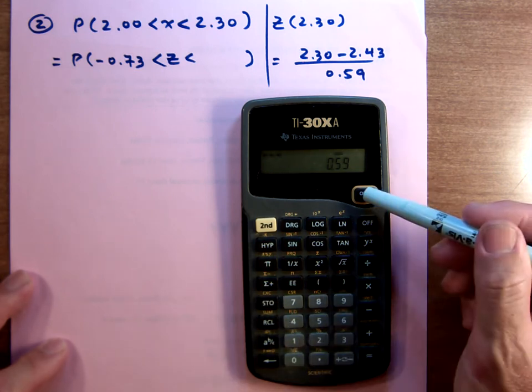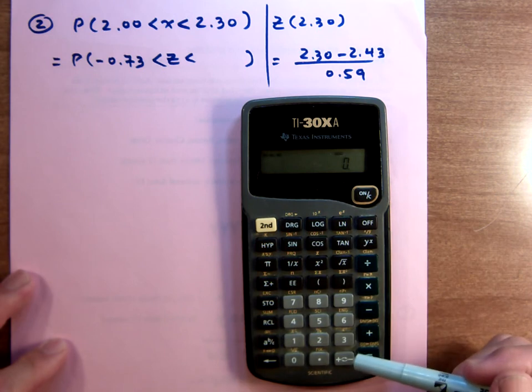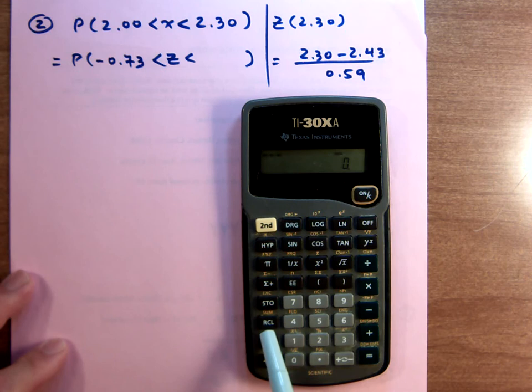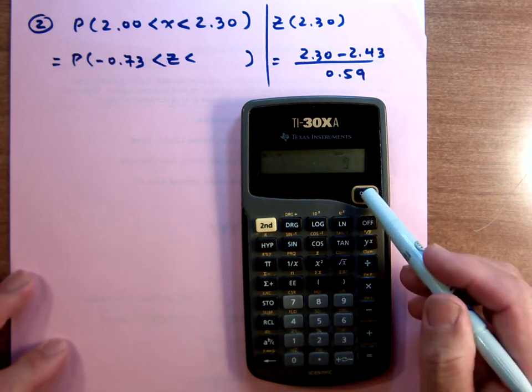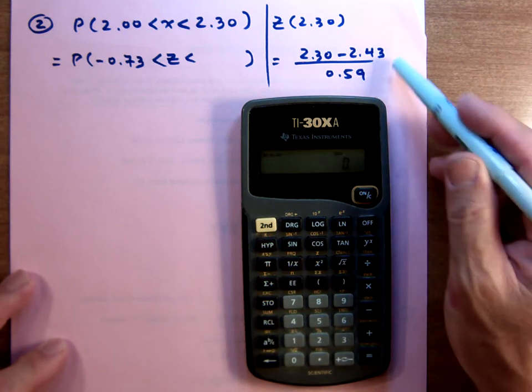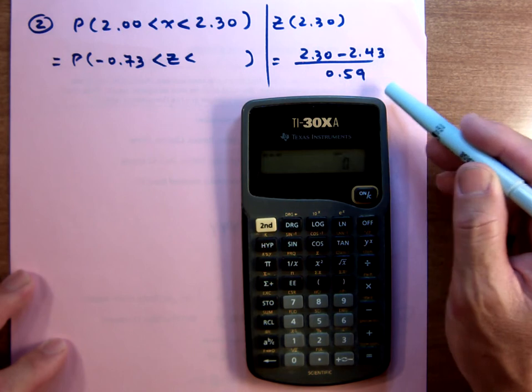Let me just see how you can bring those numbers back. The button is RCL, which stands for recall. Recall 1, 2.43 comes back. Recall 2, 0.59 comes back. So that makes my computation, or any other that uses the same couple of values, quite easy.